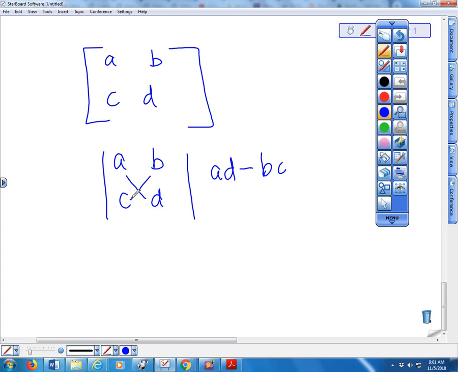So 2 by 2 is pretty easy. If I have a matrix that's 3, 2, 1, and negative 7, and I'm finding the determinant, I'm going to multiply 3 times negative 7 and subtract 2 to get negative 23.